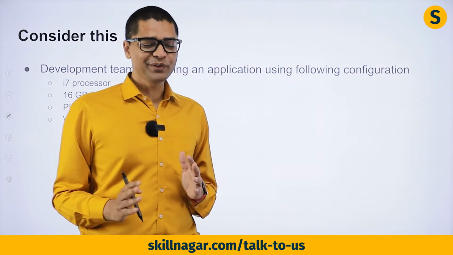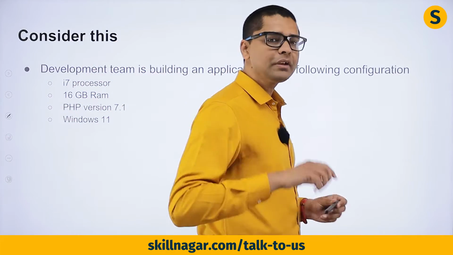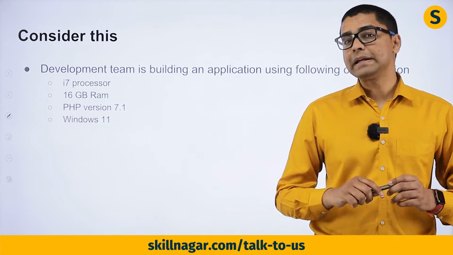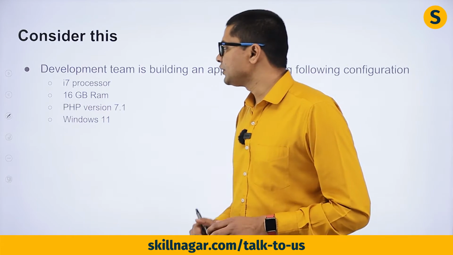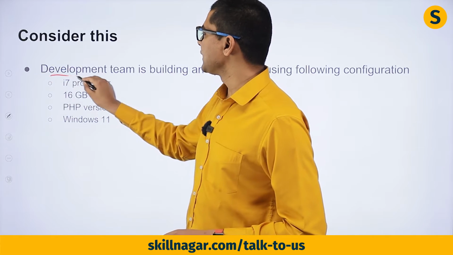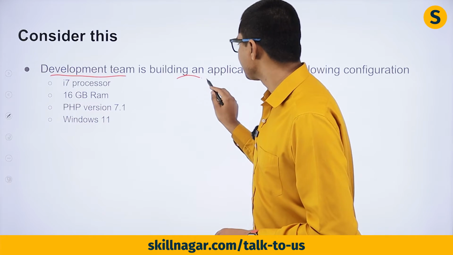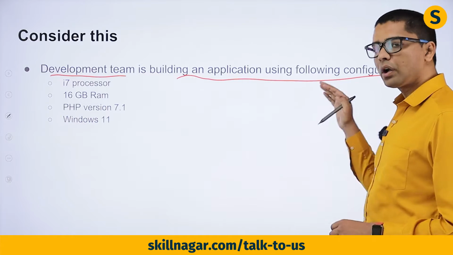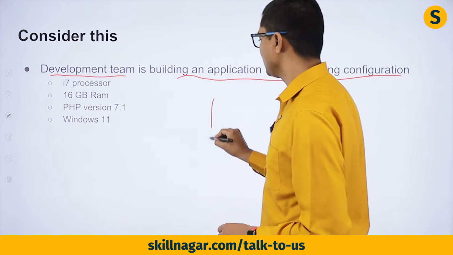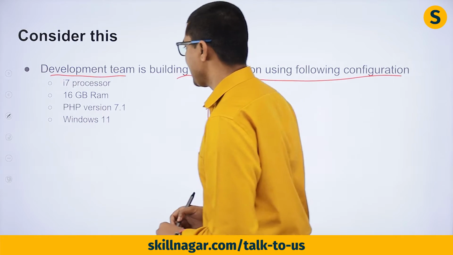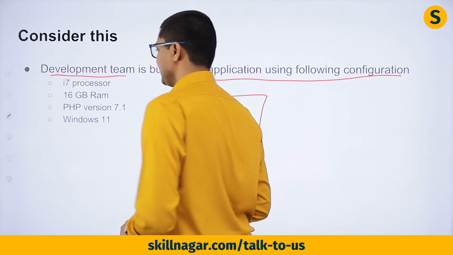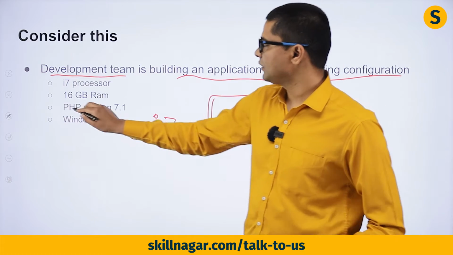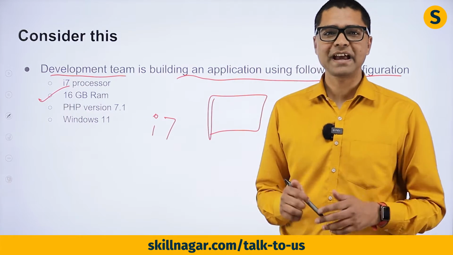Okay, now before understanding DevOps, I want to give you a scenario with which it will be very easy for us to understand what DevOps is. So consider this: you are part of a development team, and that is obviously building an application using the following configuration of their particular laptop, if I may. They have a laptop which has an i7 processor, then they have 16 GB of RAM, hopefully that is visible on the camera.